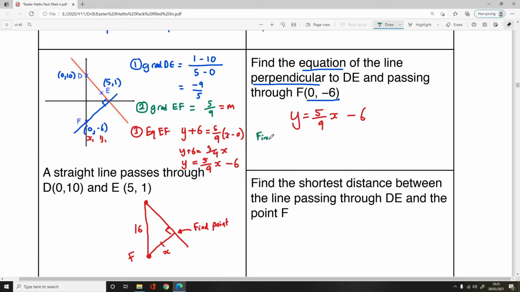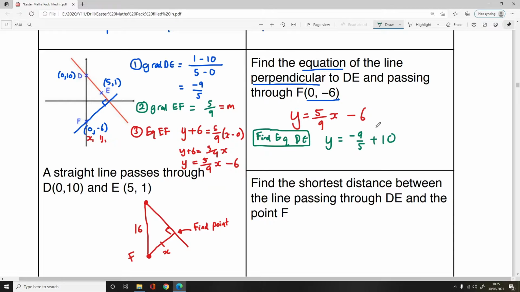How do you find the equation of D to E? Well, we know its gradient is minus 9 over 5, because we had that before. And here's where we can be extra smart. We also know it goes through the y-axis at 10, because we were told that. So, there we go. That's the equation of DE.